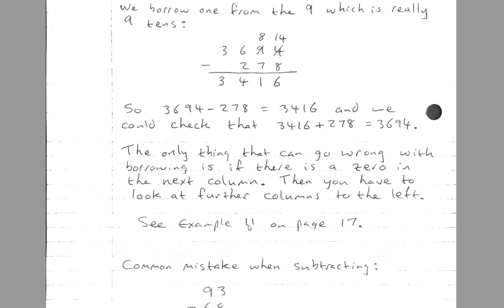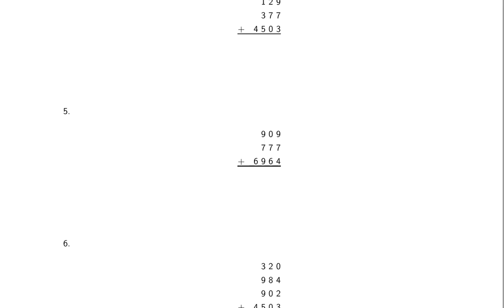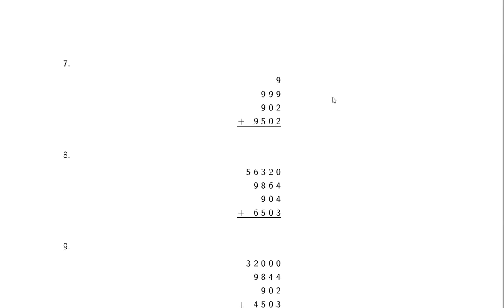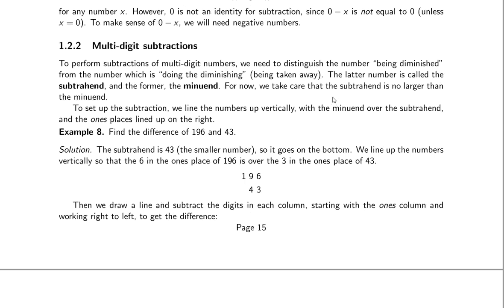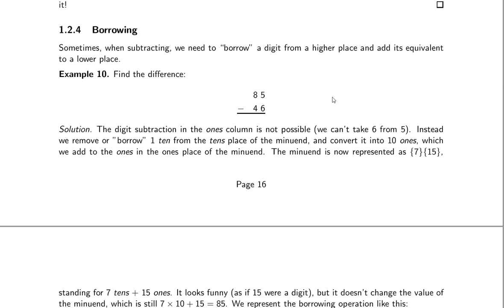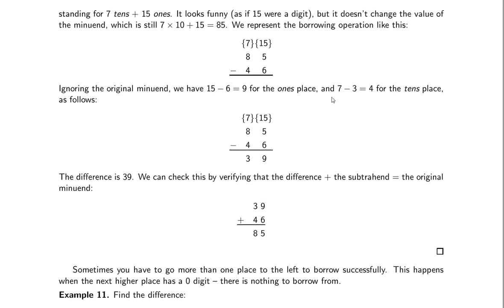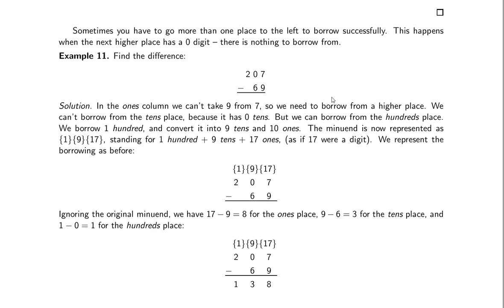So let's take a look at that. Example 11 on page 17. Okay, so how about 207 minus 69?